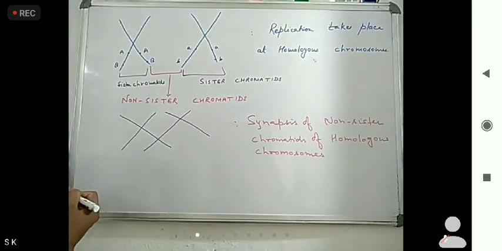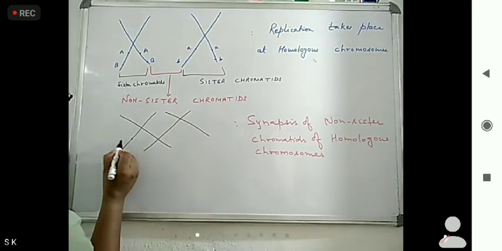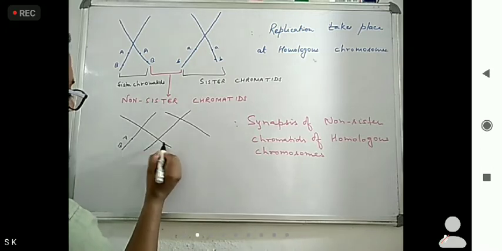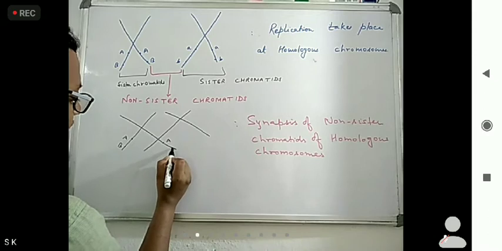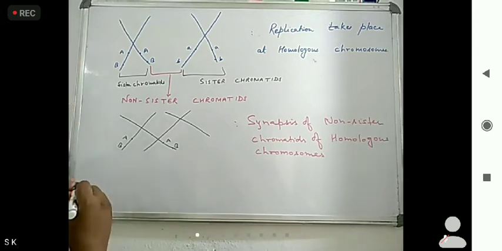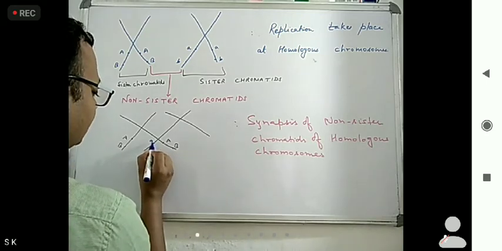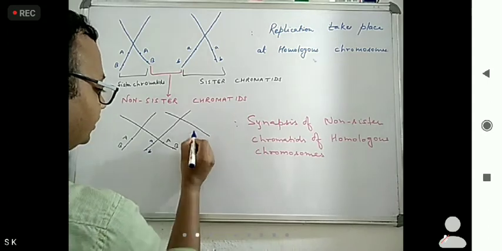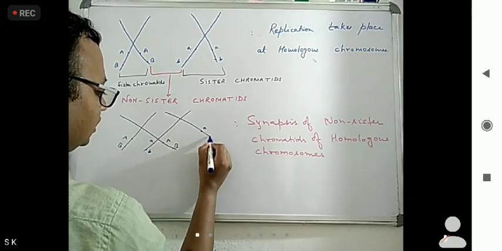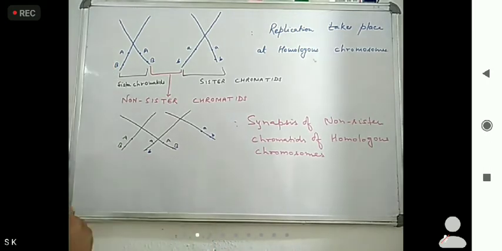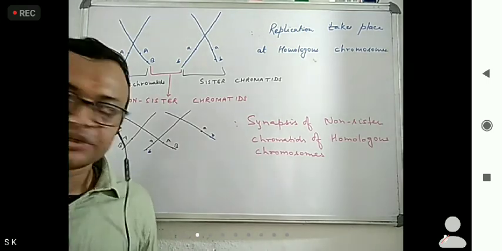Already we know this is capital A, capital B. Here capital A, capital B. Here what we have seen is small a, small b. This is small a, small b. Synapsis occurs.